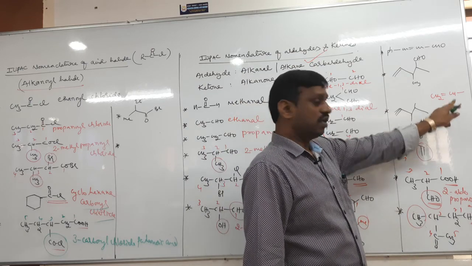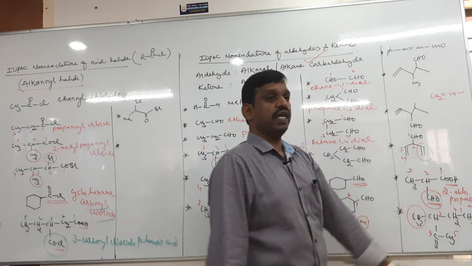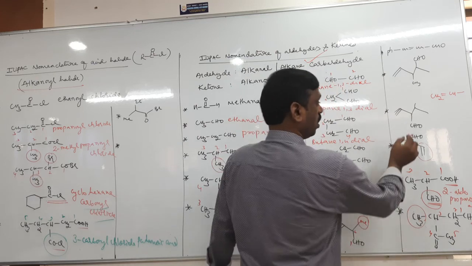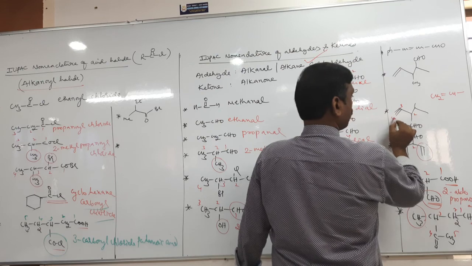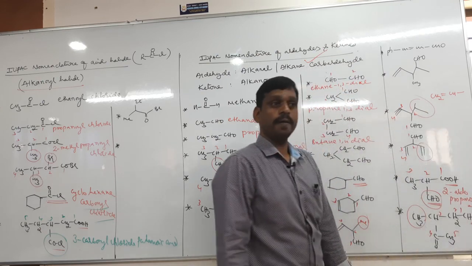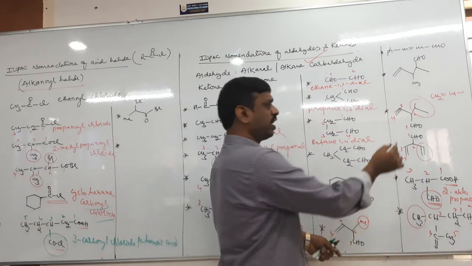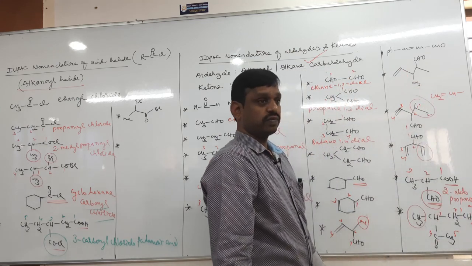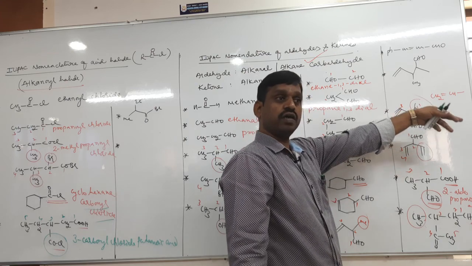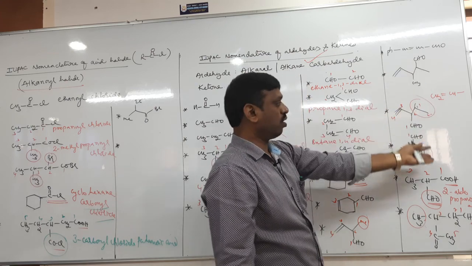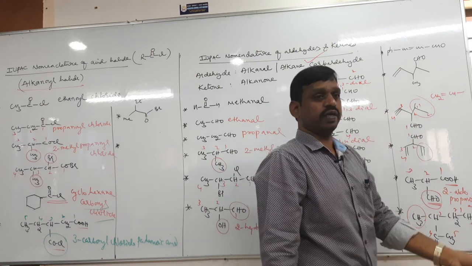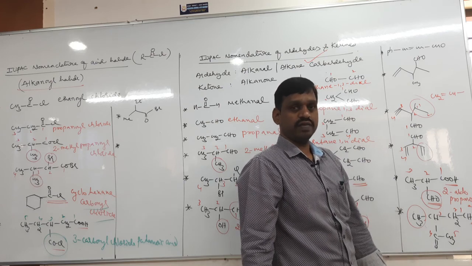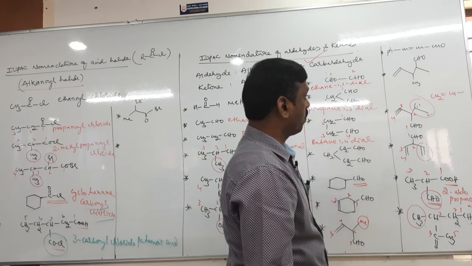So which vinyl? 2-vinyl. Then the other one, 1, 2, 3, 4, is an isopropyl. Or else you can take 1 prime, 2 prime, as a side chain in brackets, that also is alright. But generally we prefer the easiest method, so isopropyl can be taken.